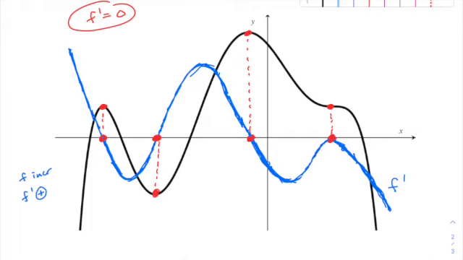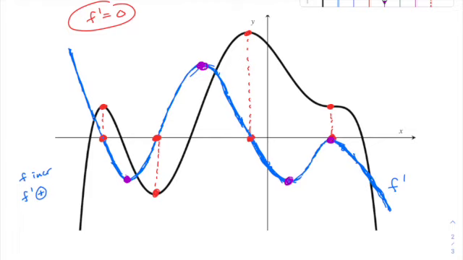But if you look here, the maxes and mins on f prime, the blue graph I just drew, so this relative minimum on f prime, this relative maximum on f prime, this relative minimum, and this 0 was itself a relative maximum.